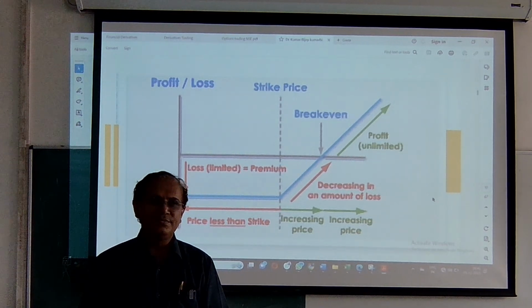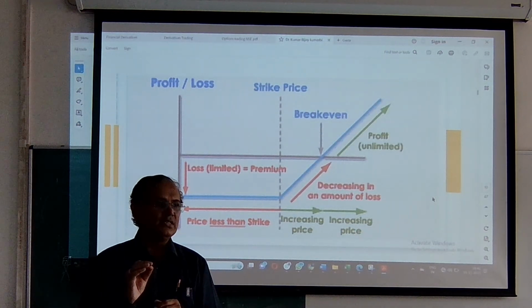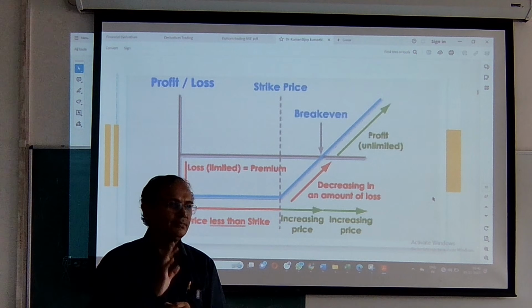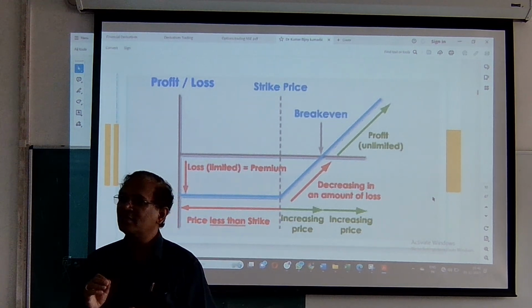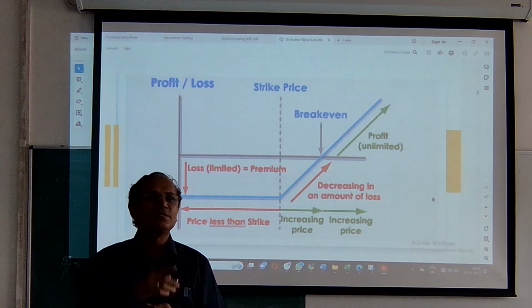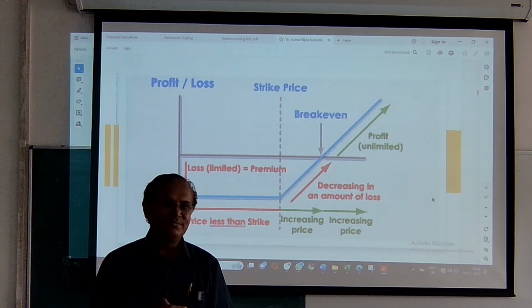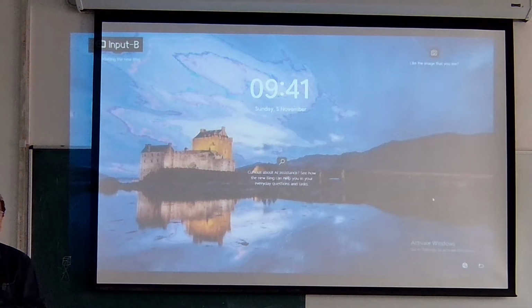How does it work? The gain to the seller, the option writer, is only the premium. And gain will be there only when the option is not going to get exercised. What will be the condition when the option is not going to get exercised?